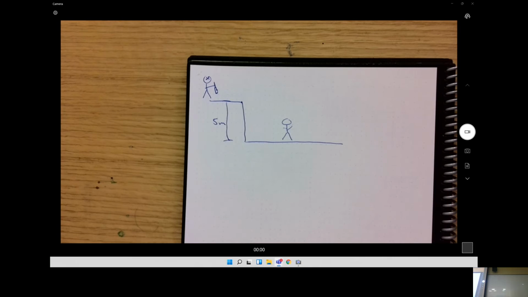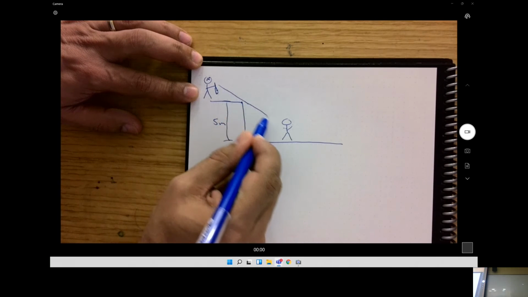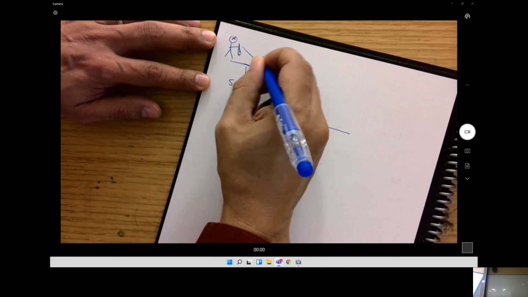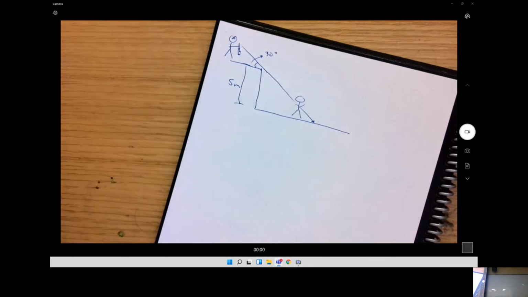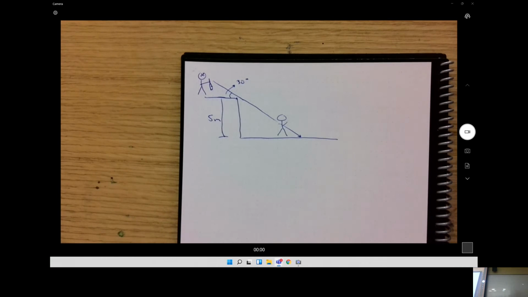Okay. And Jason is looking at the edge of the pool, and this angle over here, I'm going to say that this angle is going to be 30 degrees. Okay, so you can see here what is the problem, right?